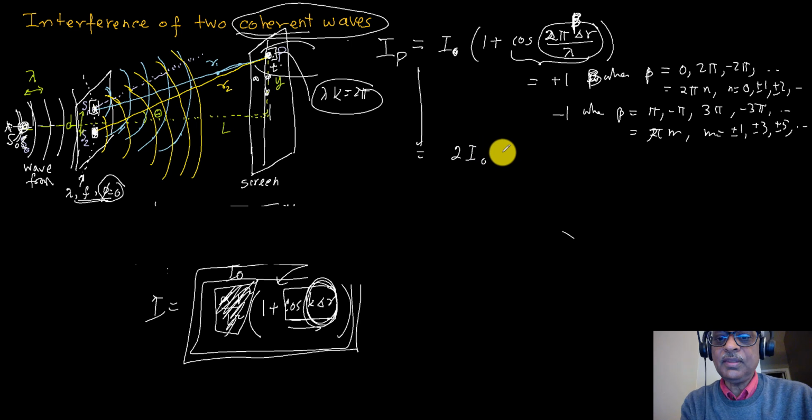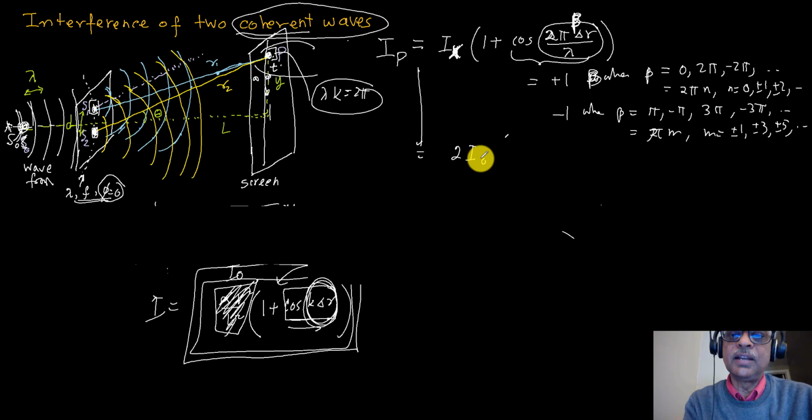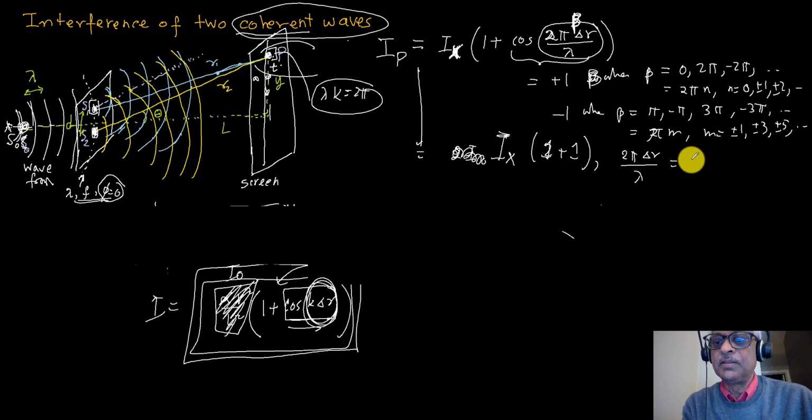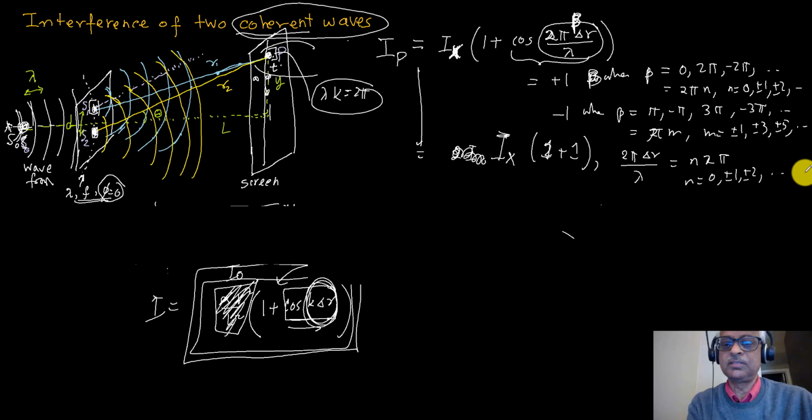So 2I0, if I just call it Ix, because I0 has another meaning in this context, some constant Ix times 2, that is 1 plus 1, when 2 pi delta R over lambda equals n times 2 pi, and n equals 0, plus minus 1, plus minus 2, etc., all integers.